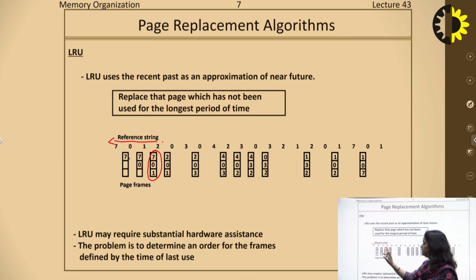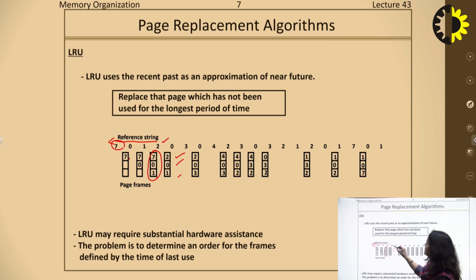If we see 1, it is closest to 2 and was used recently. 0 is also recently used, but 7 is 2 steps far away from our 2. So it is the element which has not been used recently, the longest in time from the element 2. That's why we replace 7 and we have 2, 0 and 1. So 7 is replaced by 2.